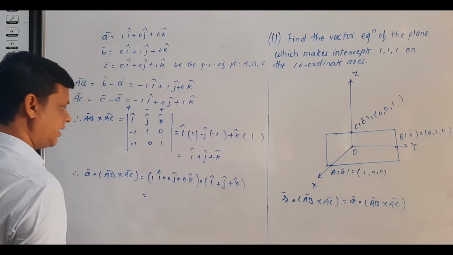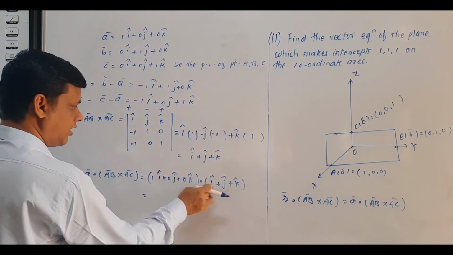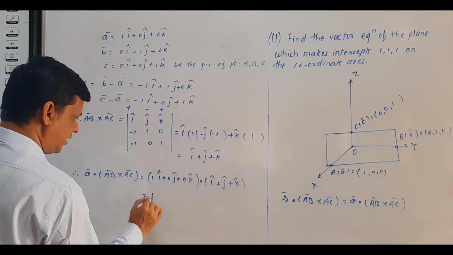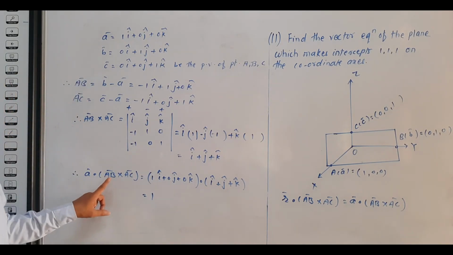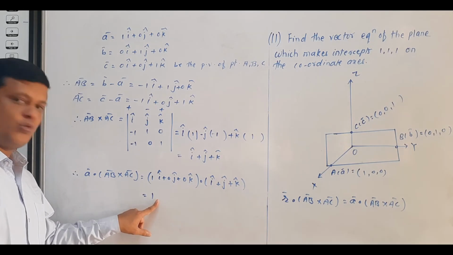So from this we get i dot i is 1, so 1 into 1 we get 1, plus 0, plus 0. So we get A bar dot vector AB cross vector AC equal to 1.